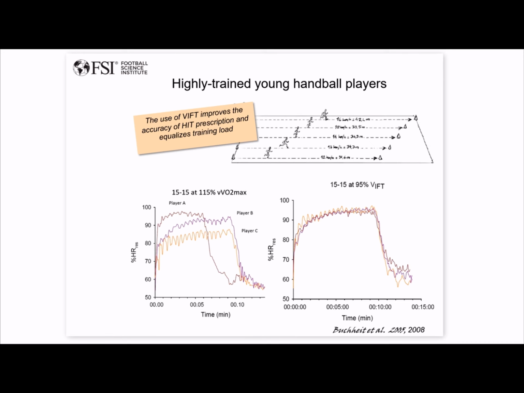We had to change the percentage used, but what's important is now when we use 85% of their own VIFT, as you can see, the heart rate responses are perfectly matched. So in that case, we managed now to bring them more or less at the same cardiovascular strain, at the same level of training intensity while using the 30-15.